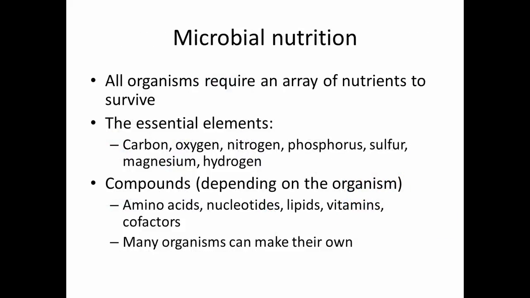Okay, so we said that both yeast and bacteria can grow. Certainly they can grow in the environment. We want to make them grow in a fermenter culture to produce value-added products, as I like to call them. So all organisms require an array of nutrients in order to survive. They need, just like we need, the essential elements. So they need carbon, we're all carbon-based life forms here, oxygen, nitrogen, phosphorus, sulfur, magnesium, hydrogen, as well as some others.